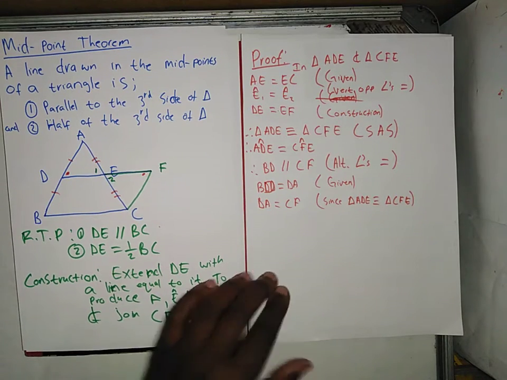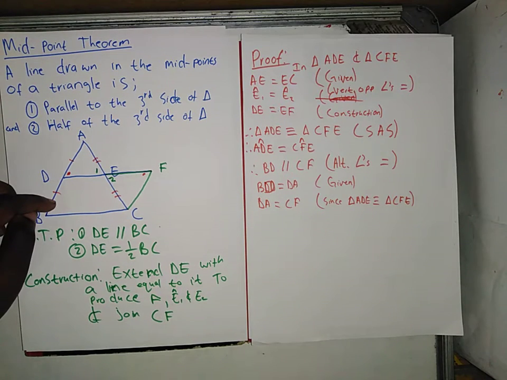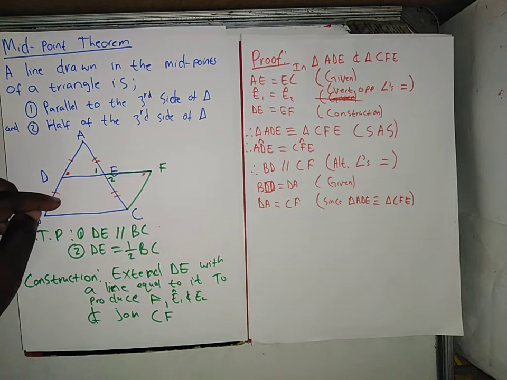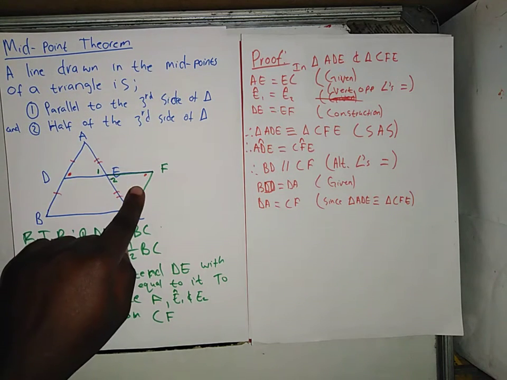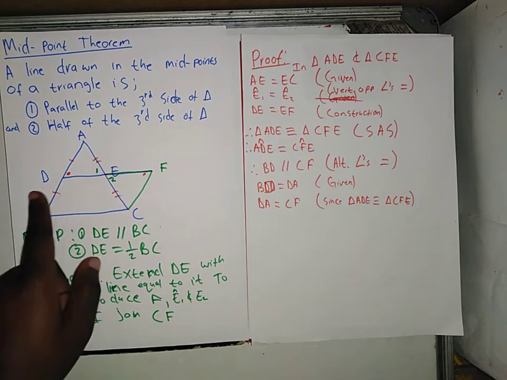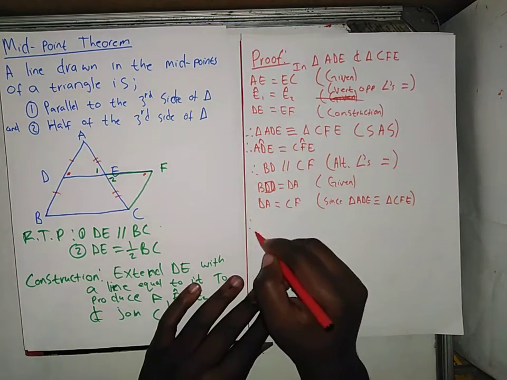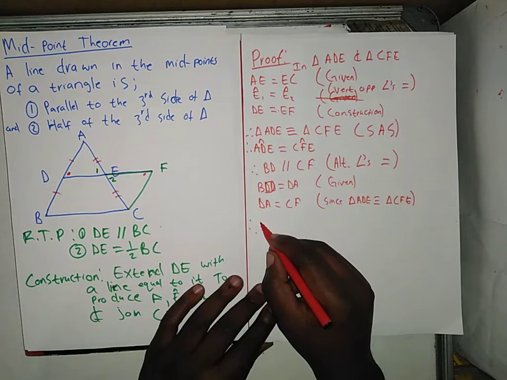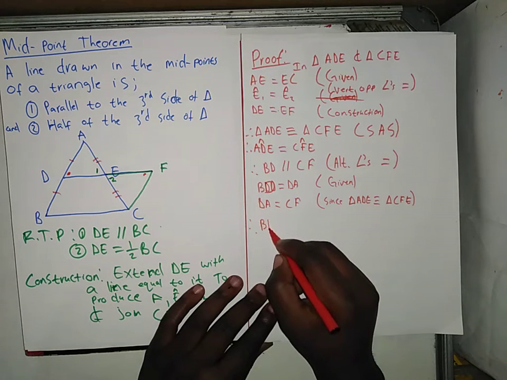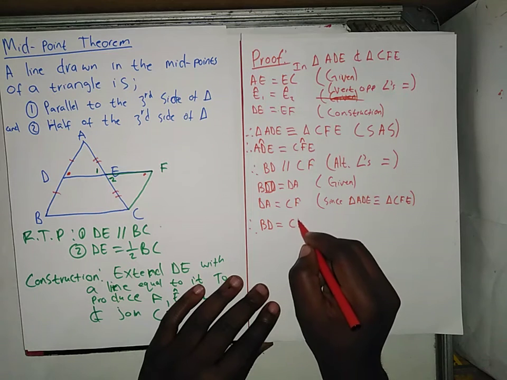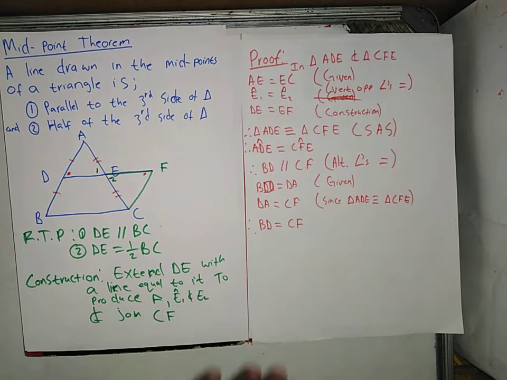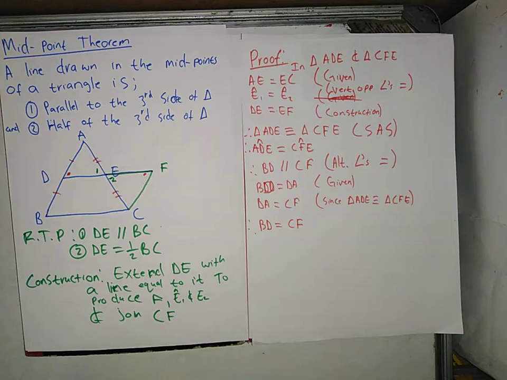Okay, so this is equal to this and this equal to this, so what does it mean by this and this? It means that this and this are equal. So therefore, because of that, ladies and gentlemen, personalities, BD is equal to CF.